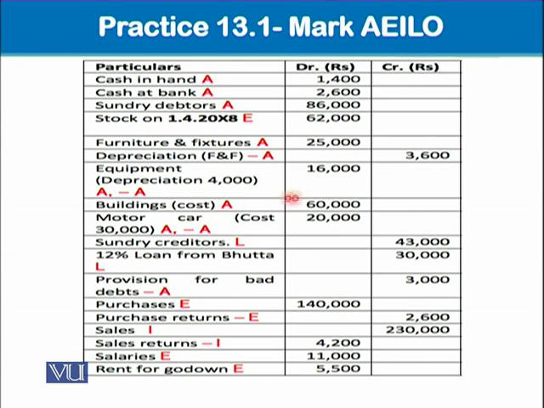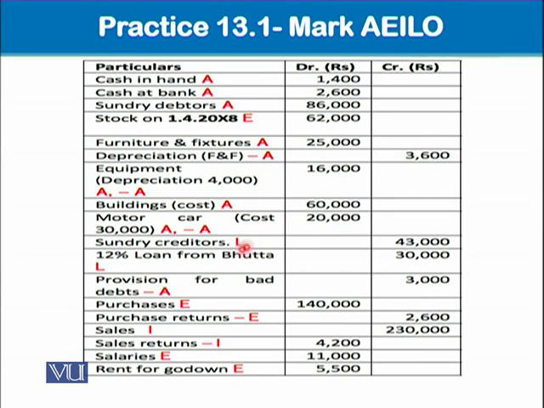Building, it's written that this is its cost. And in the adjustment, we have read that this was purchased during the year. That's why its accumulated depreciation opening balance is not appearing in the trial balance. Well, motor car, its cost is 30,000. It means this 20,000 is its net book value appearing in the debit side as an asset.